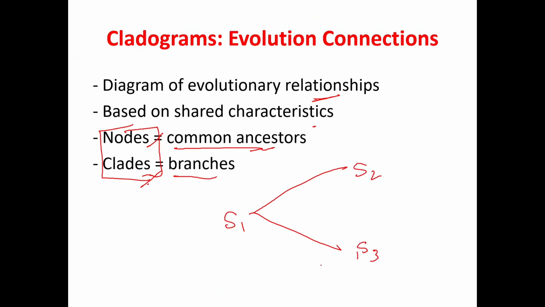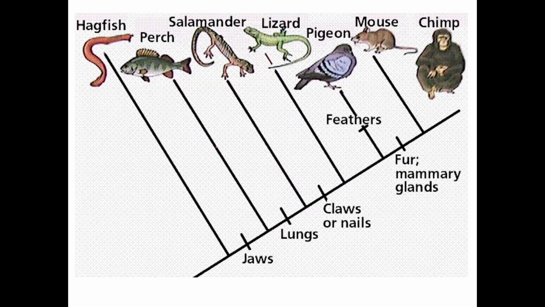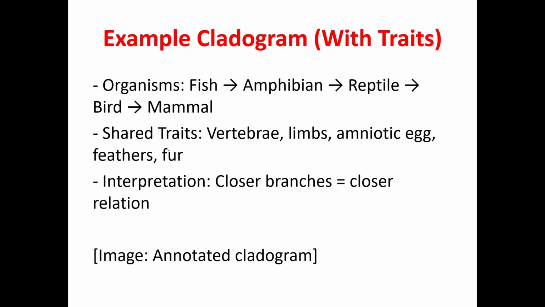This is a simple cladogram. The node shows the common ancestor and the branches are called clades. Look at the figure: this is how we draw a simple cladogram and represent ancestry of organisms based on similarity and dissimilarity.